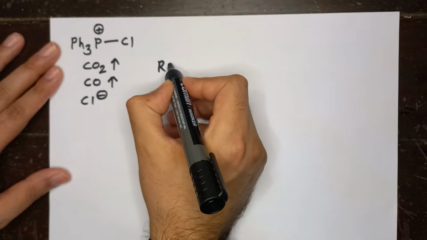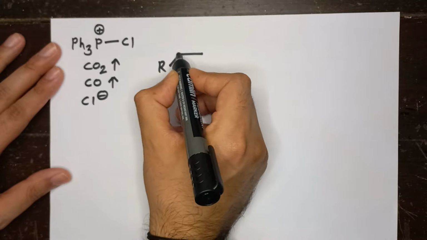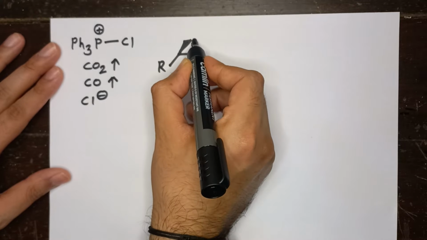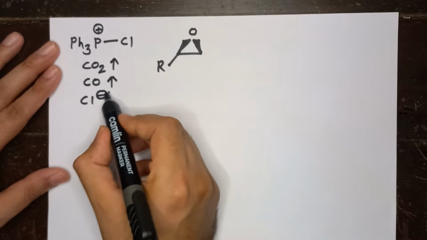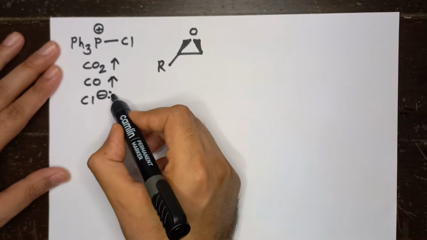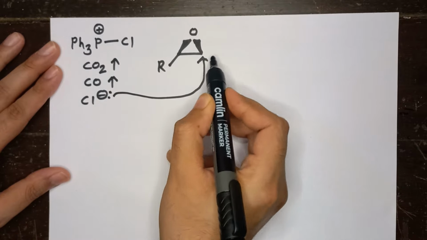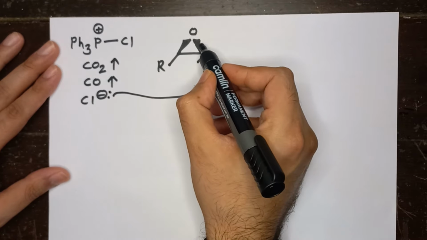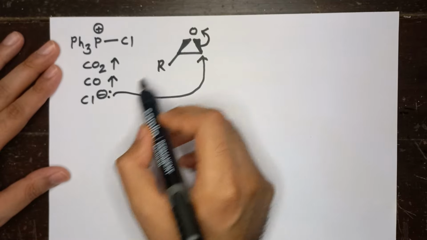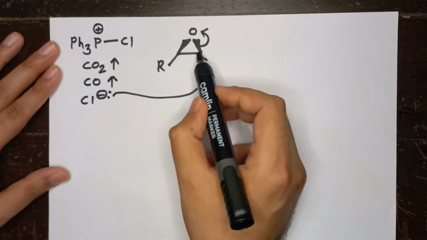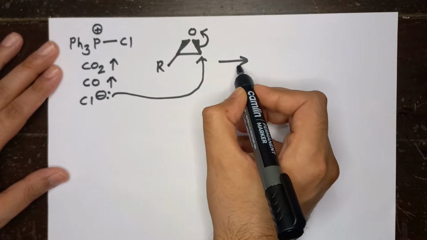Now we have an epoxide present above the plane, right? So this chloride ion will attack at this carbon, the less hindered site, and this bond is going to open. The epoxide is present above the plane, so chloride will attack from below the plane.